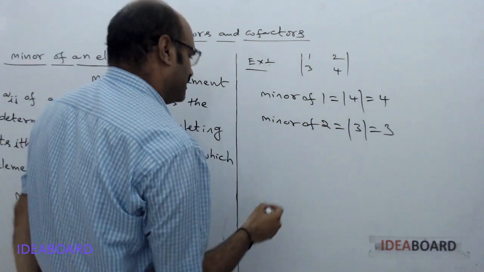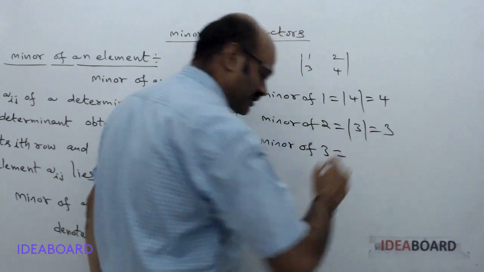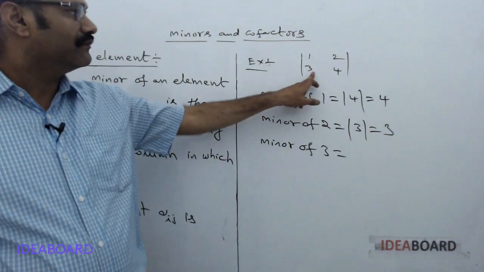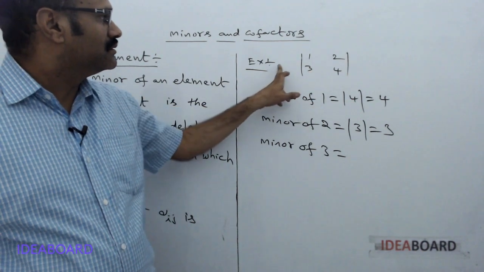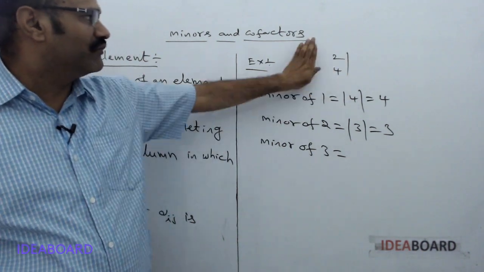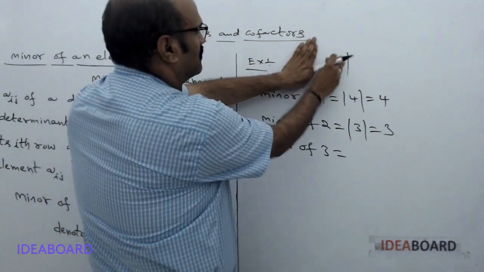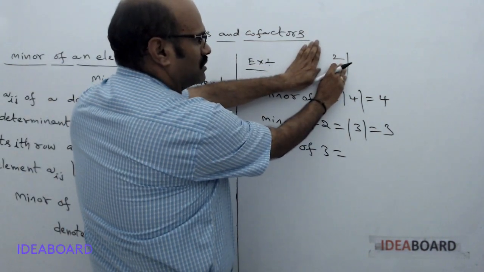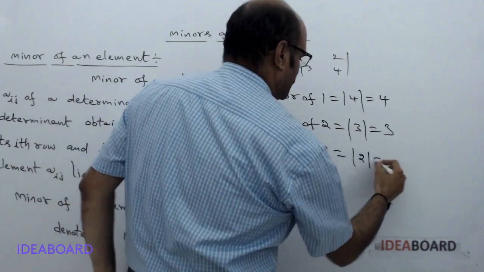Similarly, minor of 3: the element 3 lies in second row and first column. So we have to remove second row and first column. We will have only one element, which you write in a determinant, equal to 2.